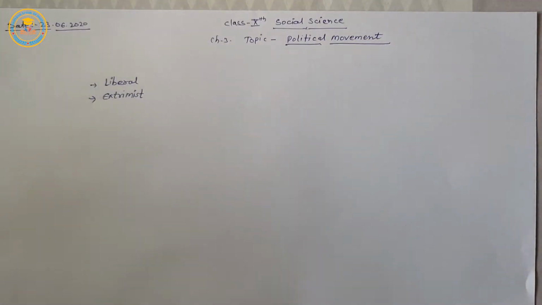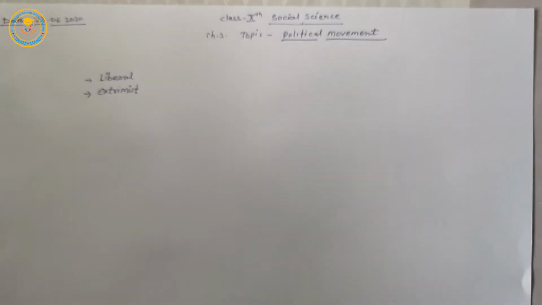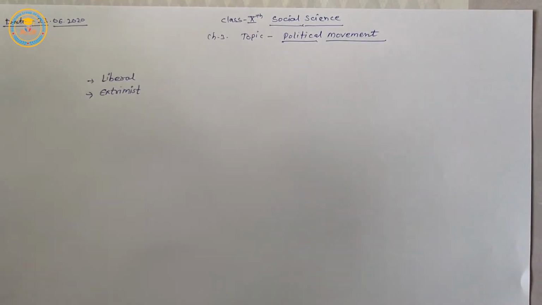The liberals believed in the constitutional form of government and wanted administrative reform in India. But the extremists believed in revolt and demanded full independence of India.